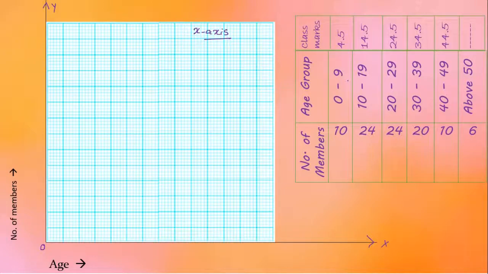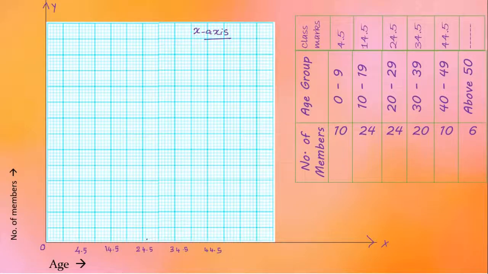So, to mark the points on the x-axis, we need to decide what one unit is equal to. Here the class marks are 4.5, 14.5, 24.5, 34.5, 44.5 and so on. Let me start with 4.5. I am going to mark 4.5 here. After 2 units, again I am going to mark 14.5. Here it is 24.5, 34.5, then 44.5.